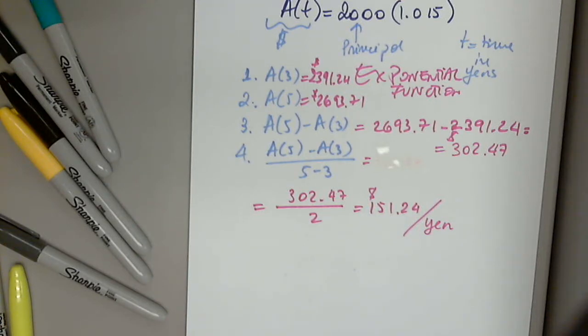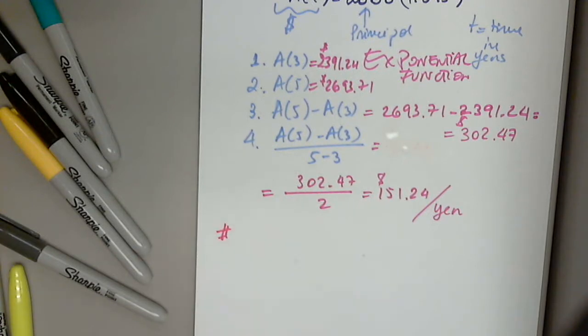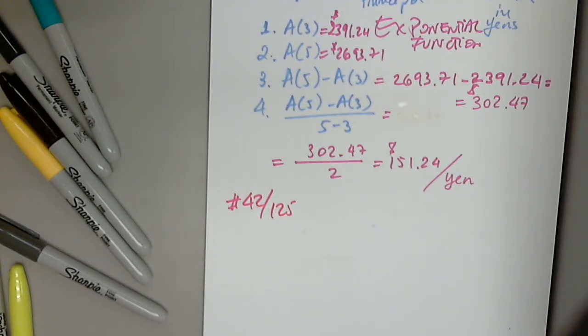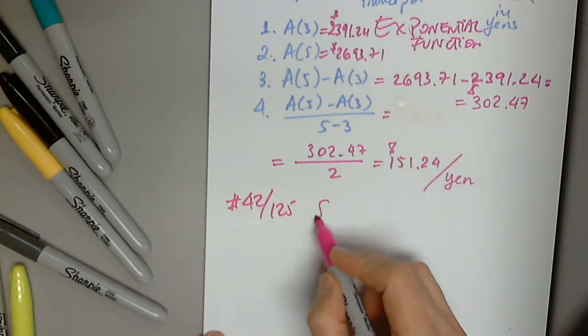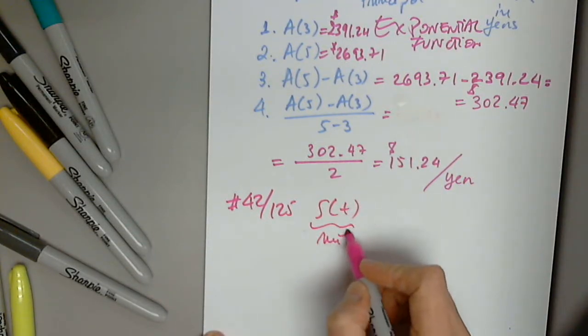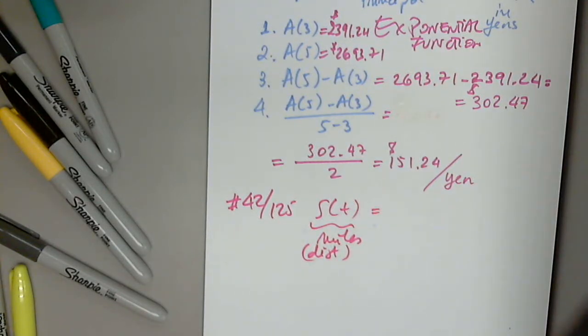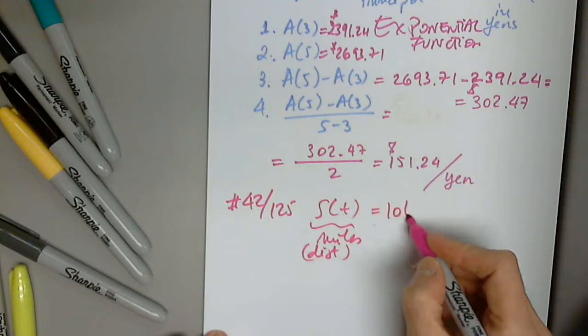Okay, so let's also look at average velocity. Problem 42 on page 125. We are given, suppose that in t hours, a truck travels s of t miles. So we have s of t in miles, distance, of course, equals 10t squared.